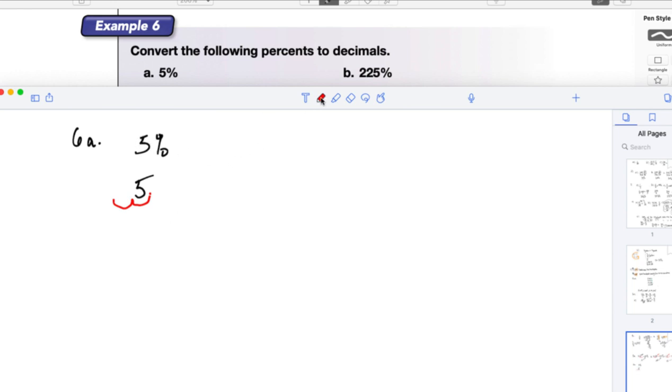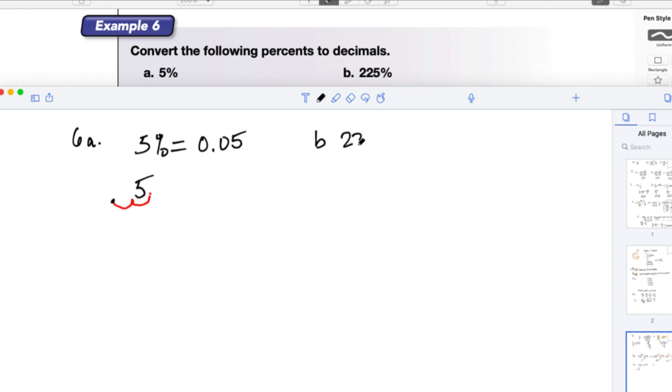Let's think about what we would call this number. If I were to write this number out, I would say it's 0.05. You see that? Boom, boom, the decimal point's here, so I got 0.05. But how do we say this number? This is 5 hundredths, which makes sense. 5% is 5 hundredths. We're just going to do that for this next one as well.